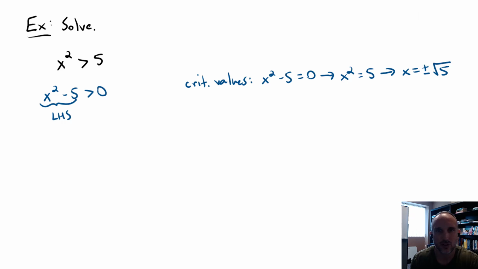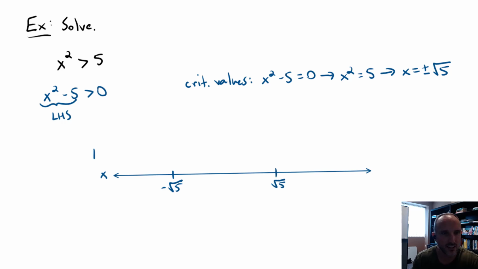So now those are my critical values I can put on my number line chart. The negative square root of 5 is first, the positive square root of 5 is second, and I know that both of those make the left-hand side equal to 0. They resulted from solving that equation.